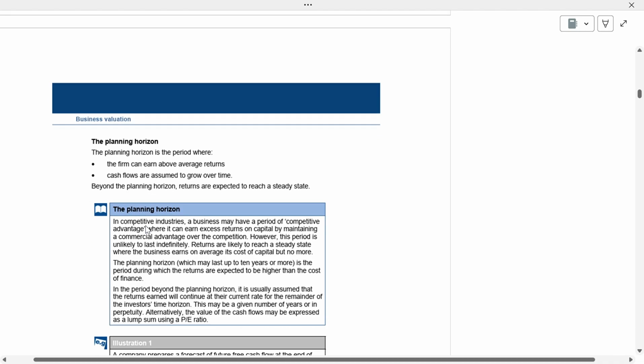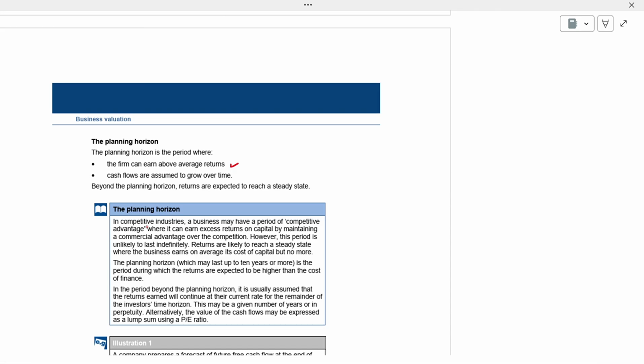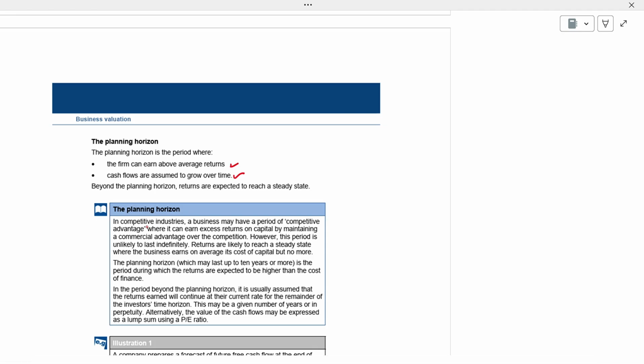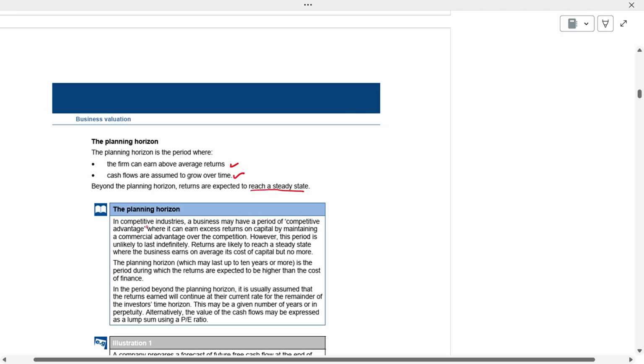In the planning horizon, they can earn above average returns, less than 5 years. Cash flows are assumed to grow over a period of time. Beyond the planning horizon, returns are expected to reach a steady rate, a constant growth rate.